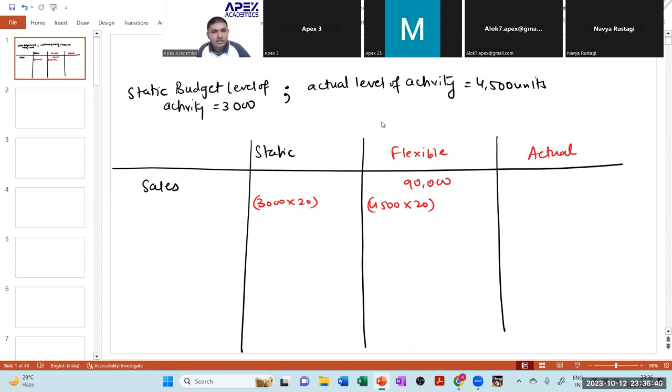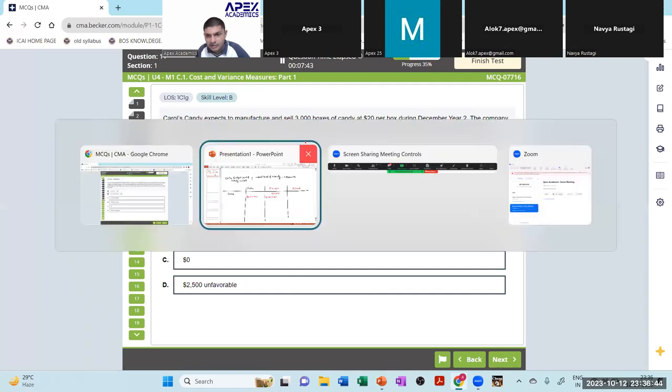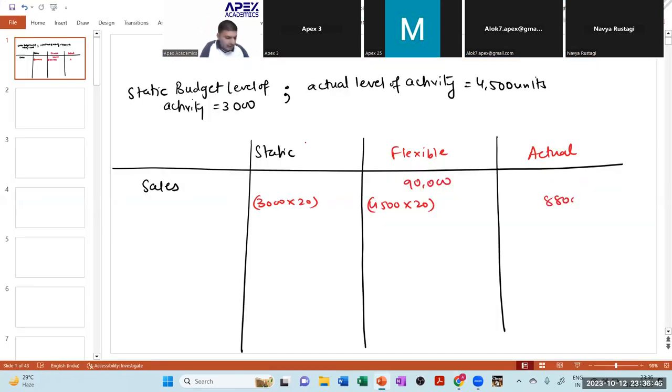Actually, it is 88,000. How much is actual? 88,000. Now 88,000, you divide it by 4,500, it will come to 19.55 per unit. What did I do this calculation for? To arrive upon actual selling price. Am I clear? Yes or no?